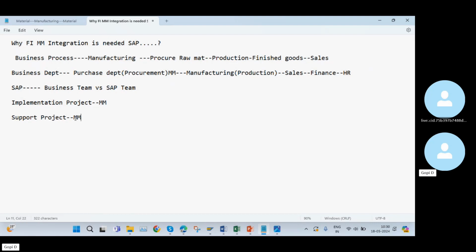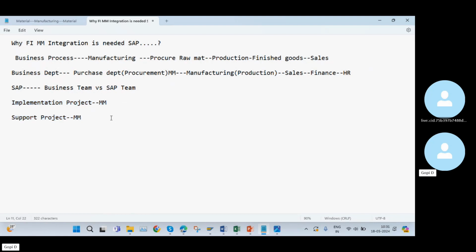Please try to understand this point clearly: material management will always support the business team, but the actual transactions, the procurement of raw materials or purchasing of inventory, are taken care of by the business team only. While they are doing their work, if they get any issue, then the consultants come into the picture and support those things. This is the fundamental point we need to know.